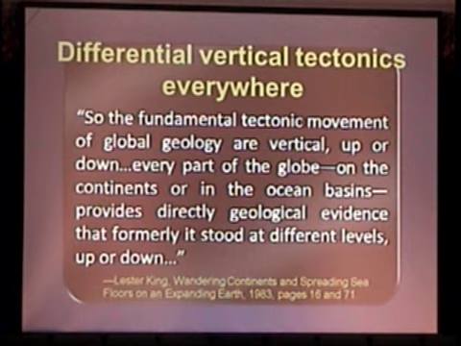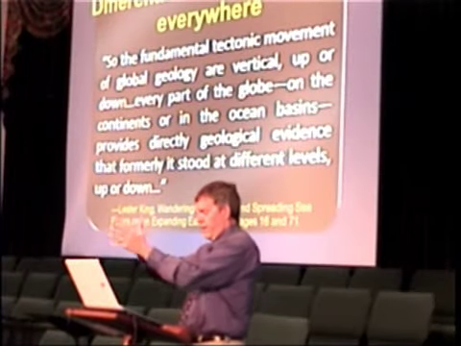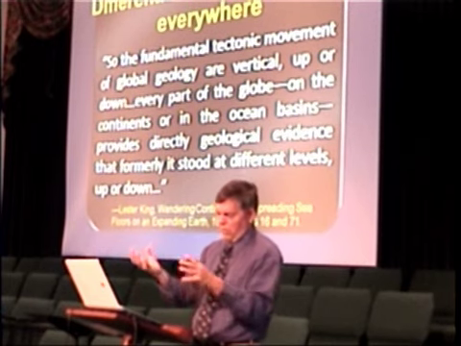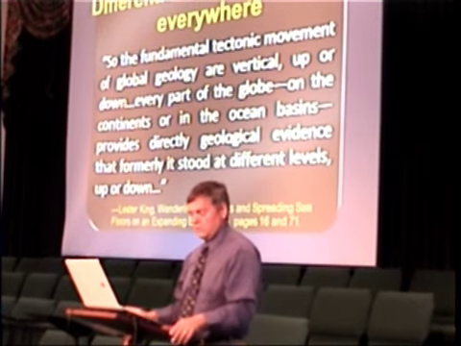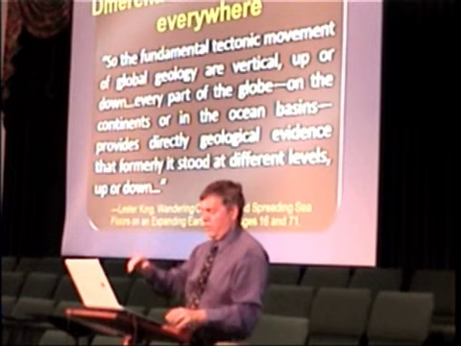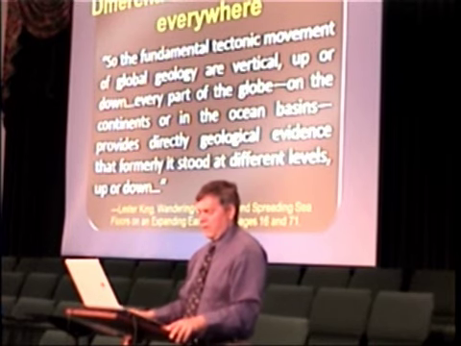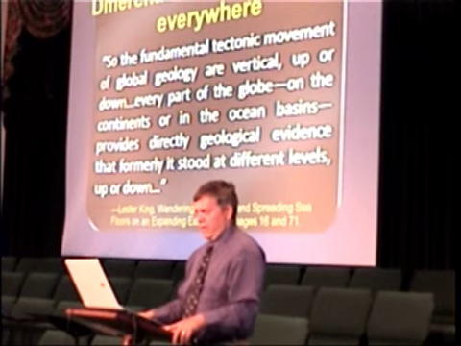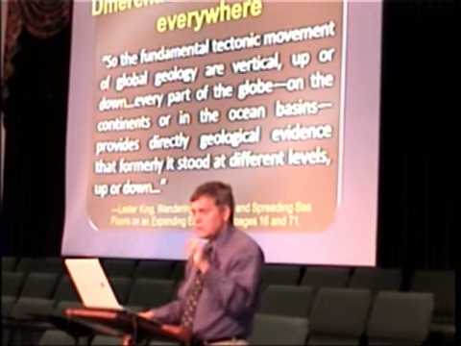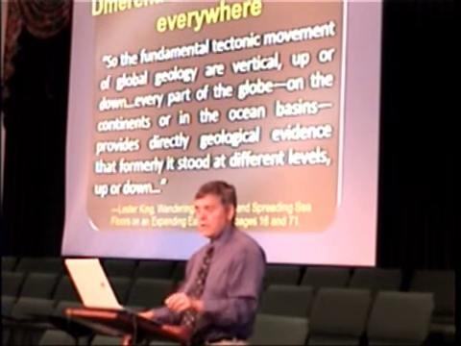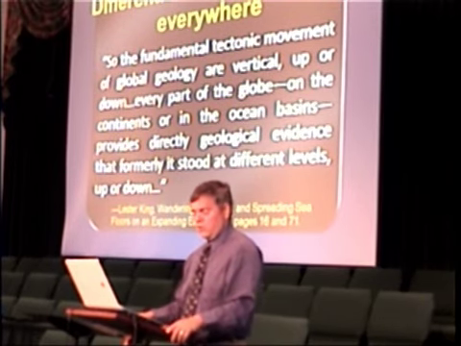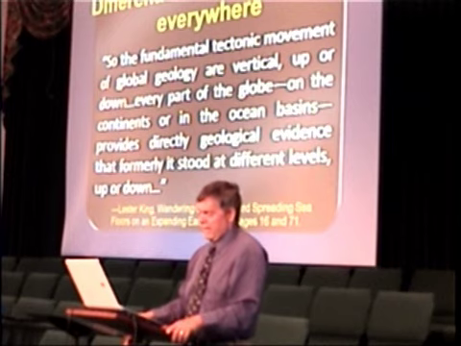They're called abyssal hills, where the hills have come up and the troughs between the hills have sunk. 90% of the ocean bottom below the sediments are abyssal hills, and they show differential vertical tectonics. So the fundamental tectonic movement of global geology are vertical, up or down. Every part of the globe, on the continents or in the ocean basins, provides indirect evidence? No, direct geological evidence that formerly it stood at different levels, up or down.